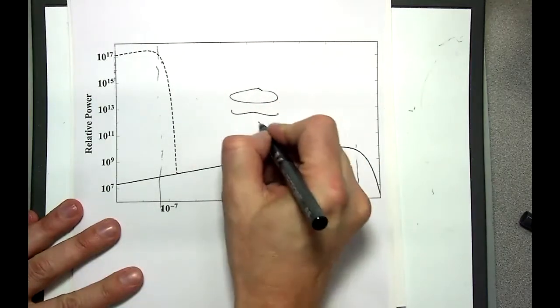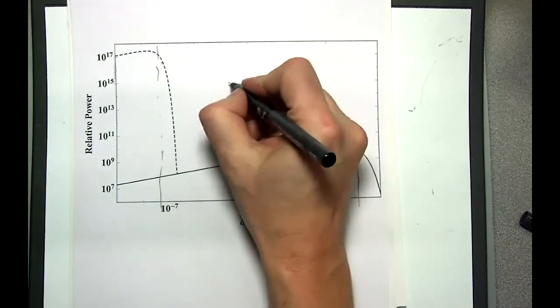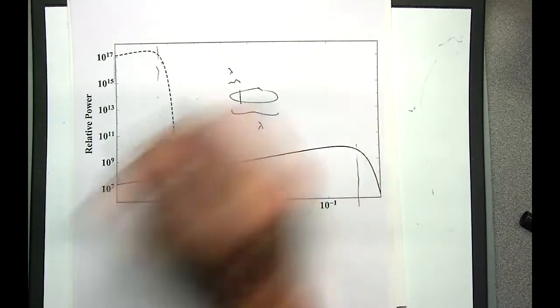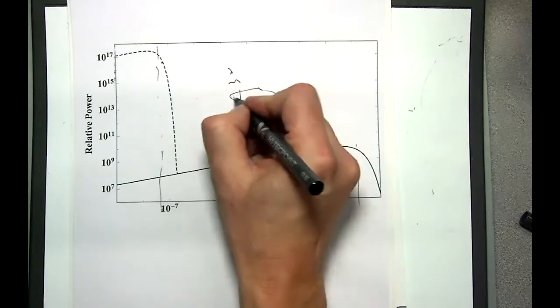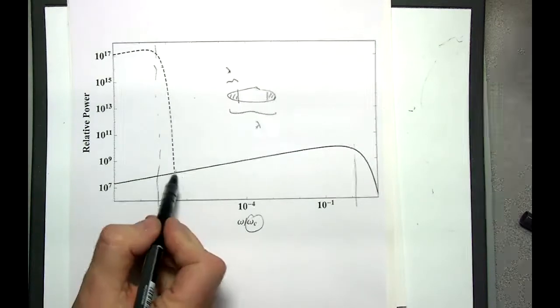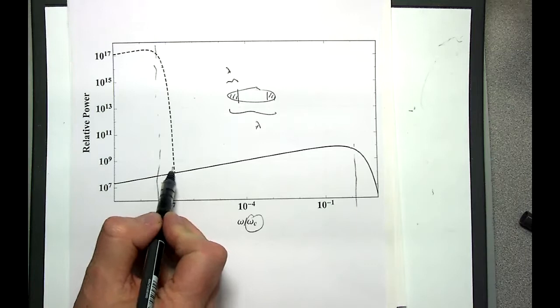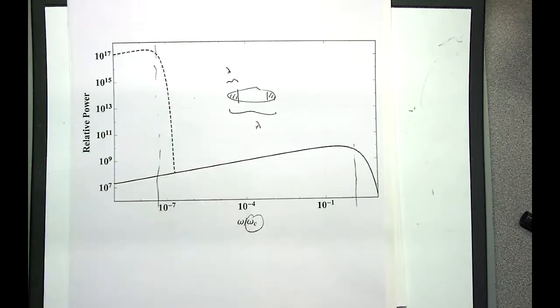If the emission wavelength is that of the size of the bunch, then the whole thing will emit coherently. But little pieces of it, if that's the wavelength of emission, then this bit will emit coherently, and this bit will emit coherently. Okay? Which is why, down at this little region here, as the emitted wavelength approaches the size of the bunch, you will start to see this coherent enhancement.